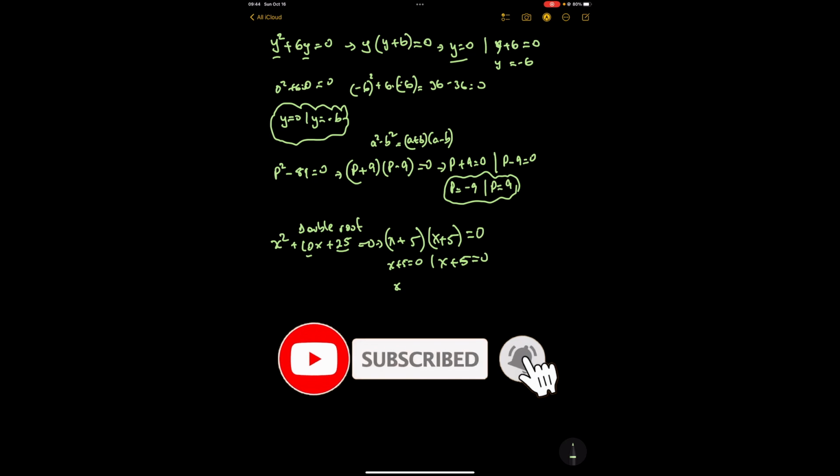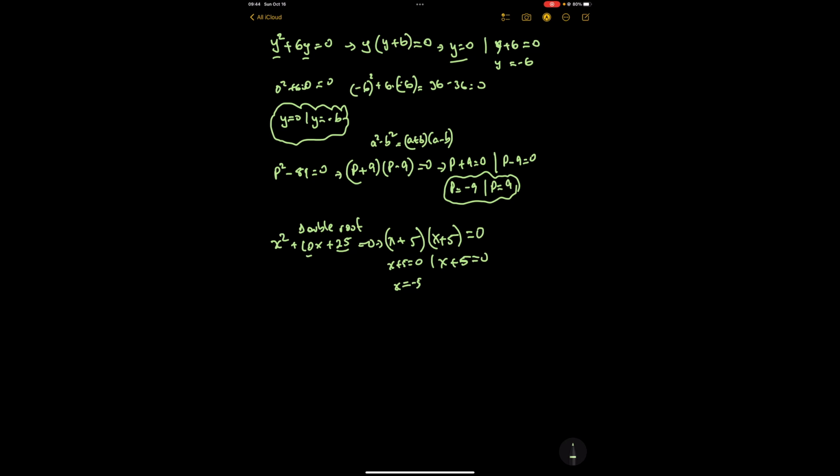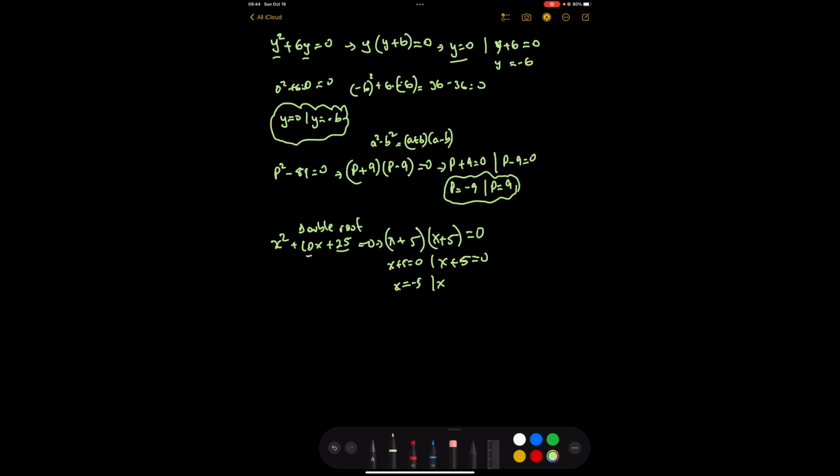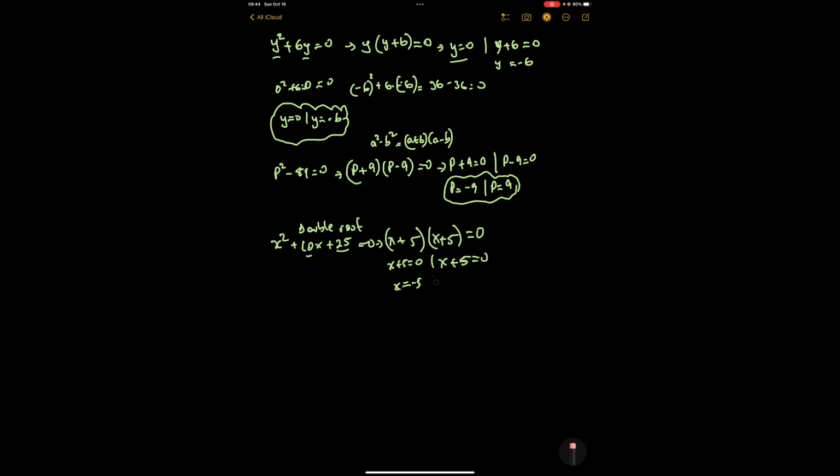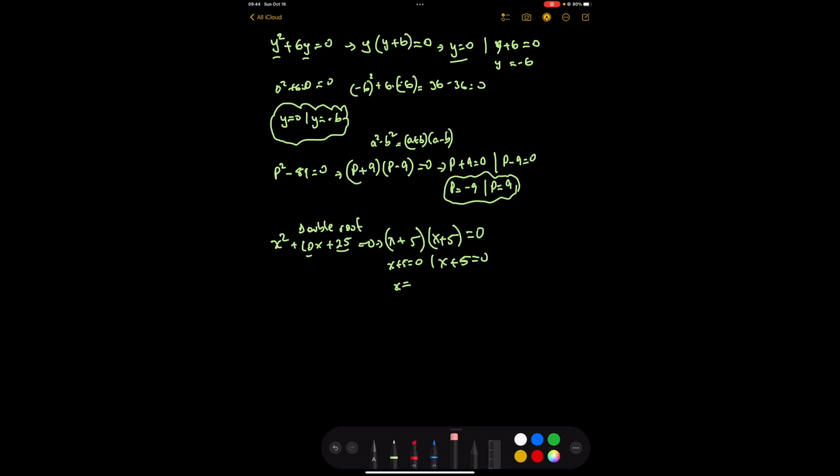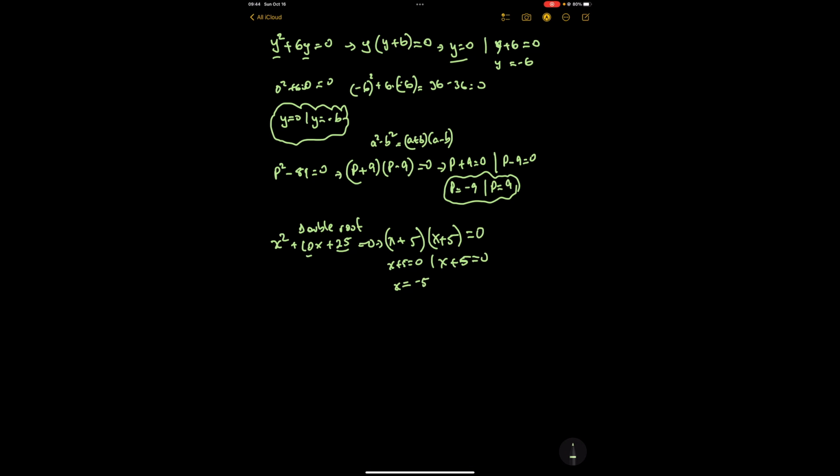So x equals negative 5 both ways. We don't have to write it twice because we already know those are the same thing. So that's actually a double root, and that will be your answer.